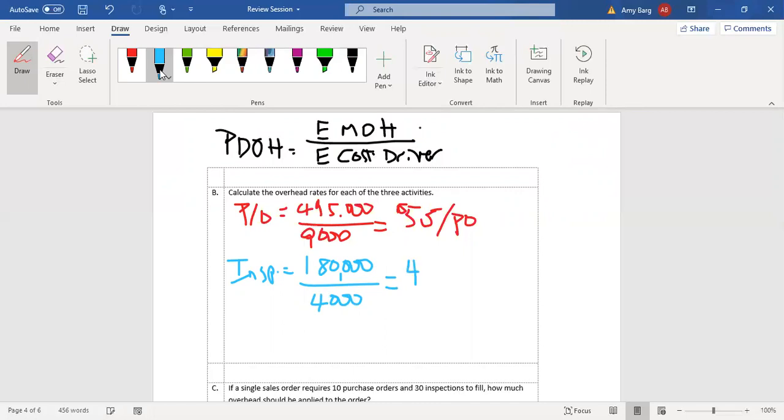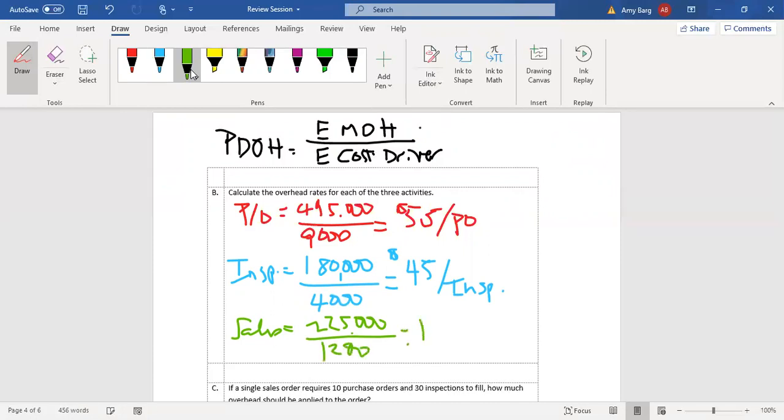So that is $45 per inspection. And for sales, it was 225,000 divided by 1,200, which is $187.50 per sale. So now these are the rates. These are how much we are going to charge per purchase order, per inspection, or per sale.